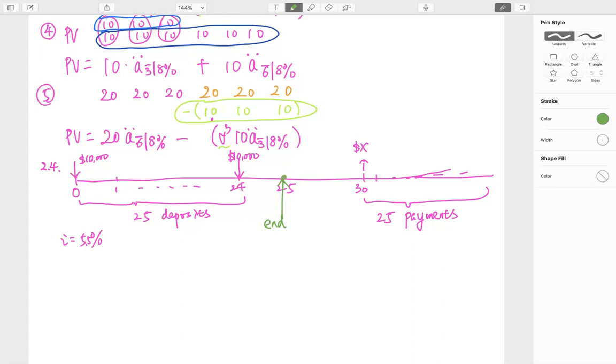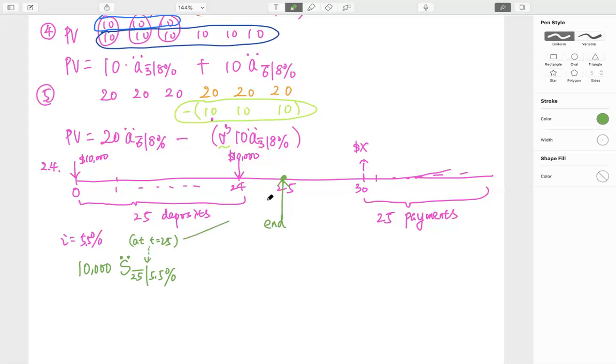So I use this color. Let's see whether you agree. Remember, it's an annuity due, so the future value is S double dots. According to our notation, this is exactly the value at 25 years.